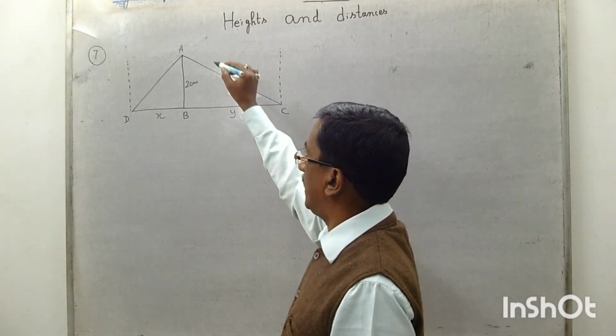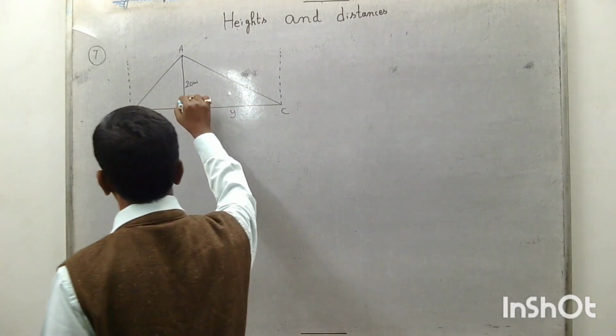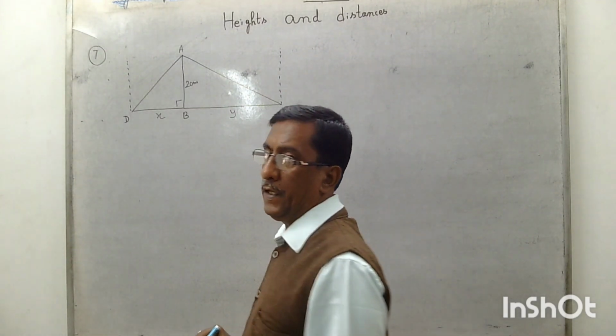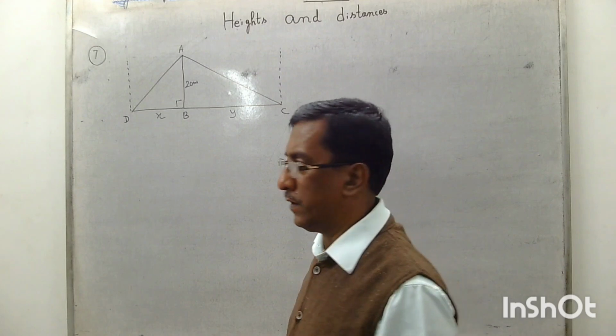Now this ABD is a right angle triangle and ABC is also a right angle triangle.